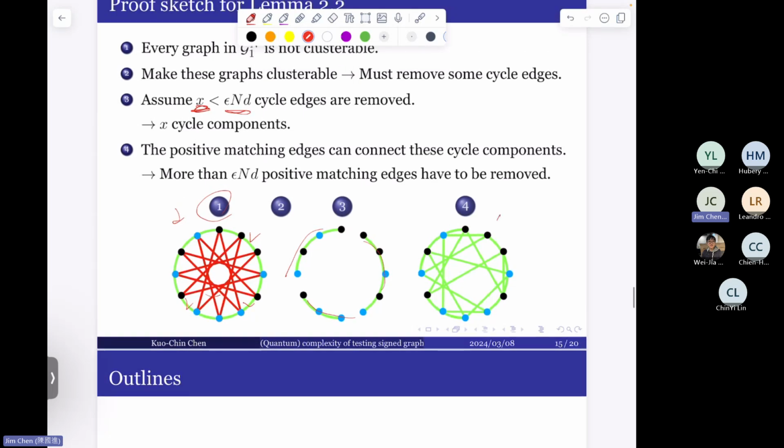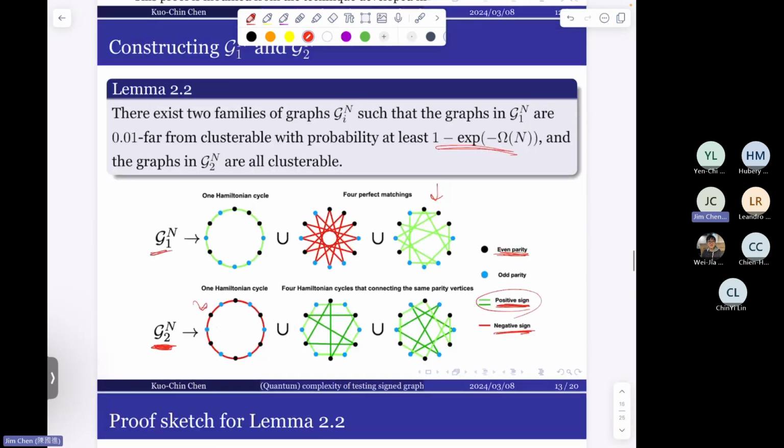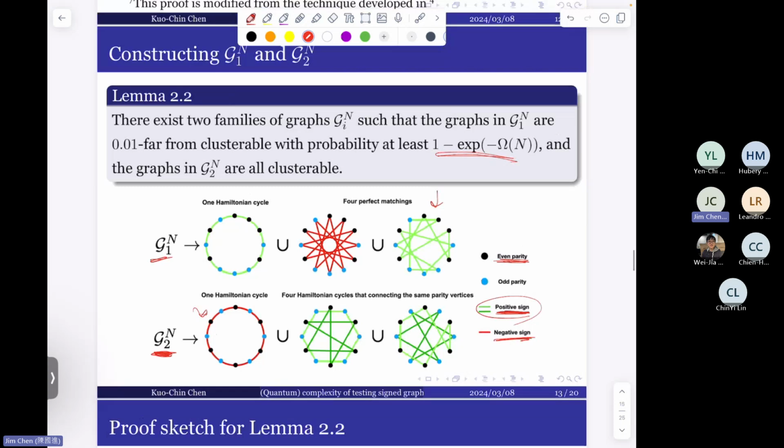So it becomes one component. In other words, the graphs in G1 are not clusterable. Okay, and this is the main idea to prove this lemma.